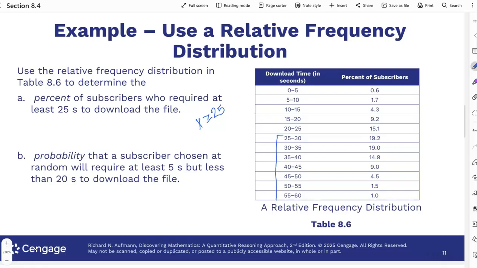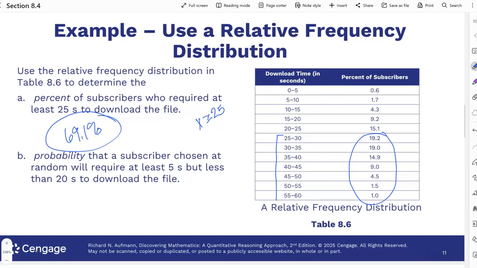So that would be this piece of the distribution. So we would add all of these up. So if I add all of those, I ended up with a 69.1. So based on our data, that probability would be 69.1% of subscribers need at least 25 seconds to download a file.